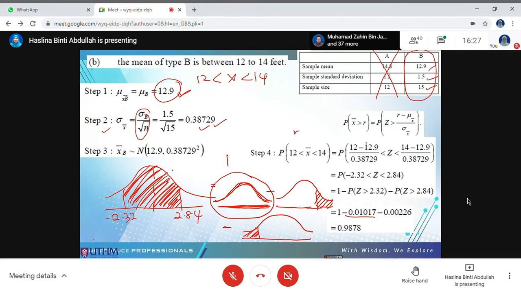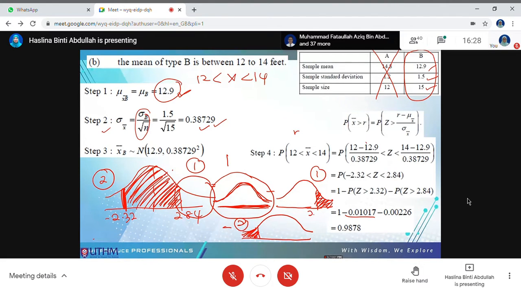So the total curve is 1, and then minus this area. Let's say this one is number 1. This one is 1, and this area is referred to negative 2.32. Is this one clear? Clear, doctor.